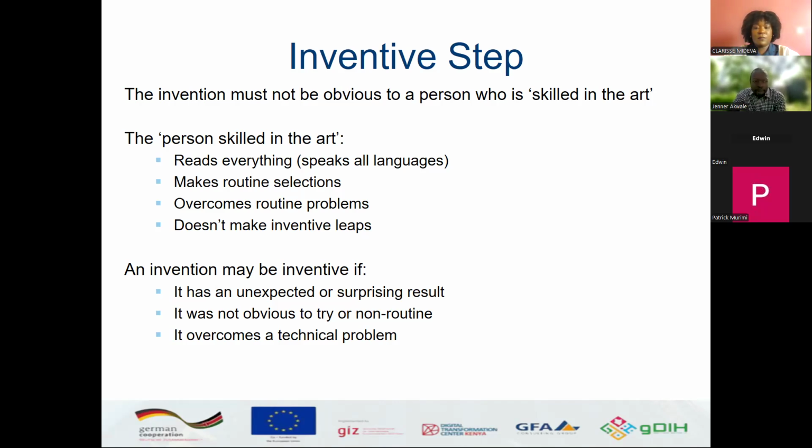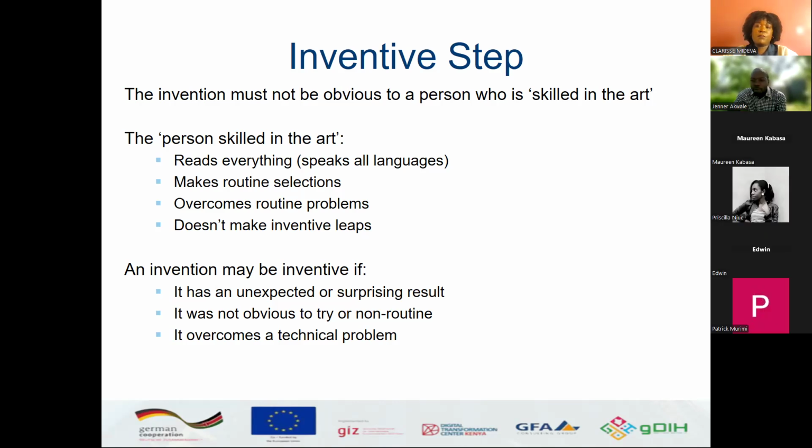In as much as something is not written, there is a possibility that it is just obvious. For example, if you are making tea, you have come up with a process of making tea, then you say that when you add in lemongrass, for instance, it will make that tea taste better.